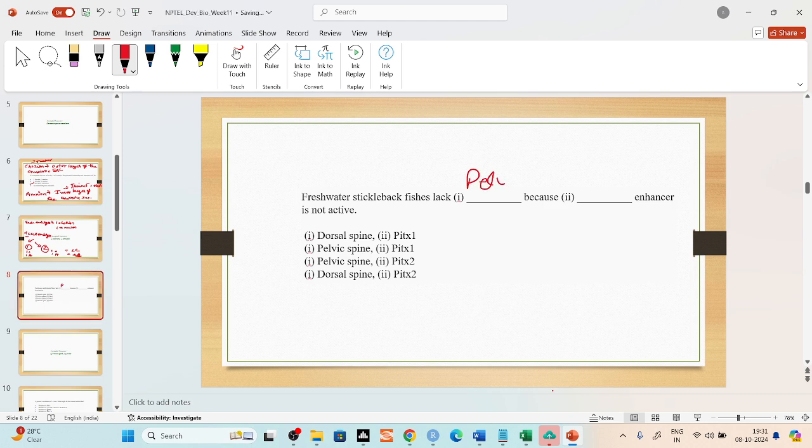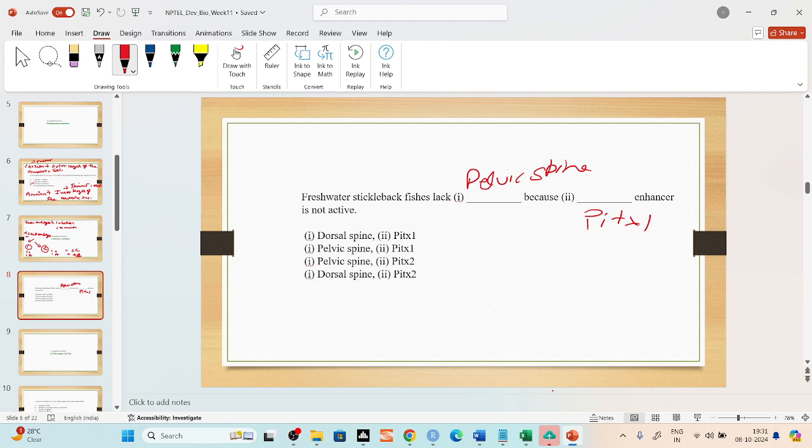They lack the pelvic spine because the PIX1 enhancer is not active. So first of all, you should know what these stickleback fishes are. Basically, they are small elongated fishes, ray-finned fishes. Okay, and why do they lack a pelvic spine?